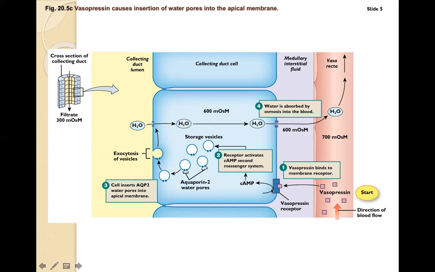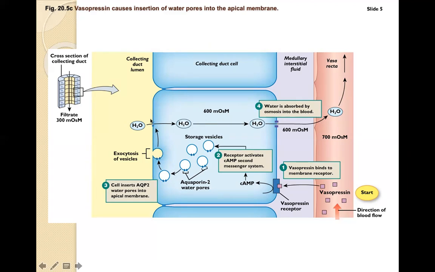So vasopressin binds to the membrane receptor. This membrane receptor allows for the production of a second messenger system, and the second messenger is in the form of cAMP. This stands for cyclic AMP, or cyclic adenosine monophosphate. This cyclic AMP will allow small storage vesicles within the cell that contain the aquaporin to make their way to the luminal side, or the apical side, of the collecting duct cell, and they fuse with the cell membrane.